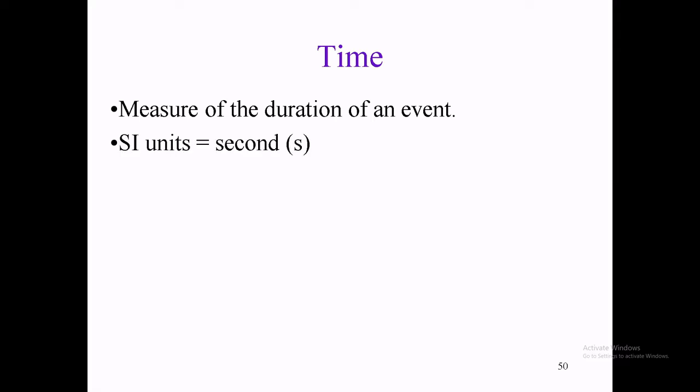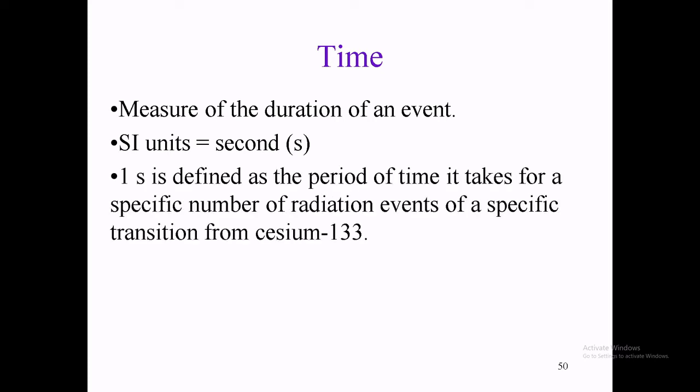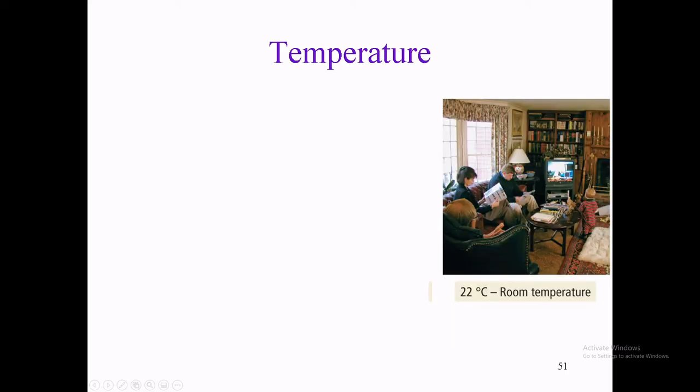The SI unit is seconds, abbreviated with a lowercase s. 1 second is defined as the period of time it takes for a specific number of radiation events of a specific transition from cesium-133. So we're actually defining this based on the amount of radiation given off by cesium-133, which is, again, an immutable thing that is just always going to be the same and gives us this nice standard for what a second is.